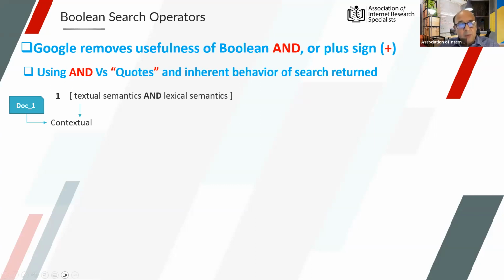The likelihood of something going wrong is that if you wrote textual and semantics, where textual is outside of the quotation marks, the search result in, let's say, document 1 would bring something which has partial letters or a partial word present, making a complete word, contextual, because contextual is turning up a part of it, which is starting from here, TEXTUAL, will be emphasized as if it is a match to the word textual.